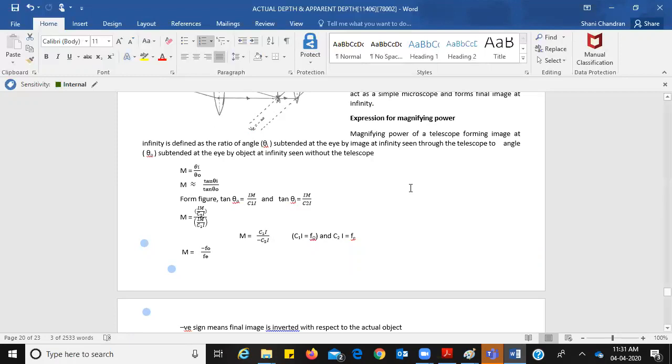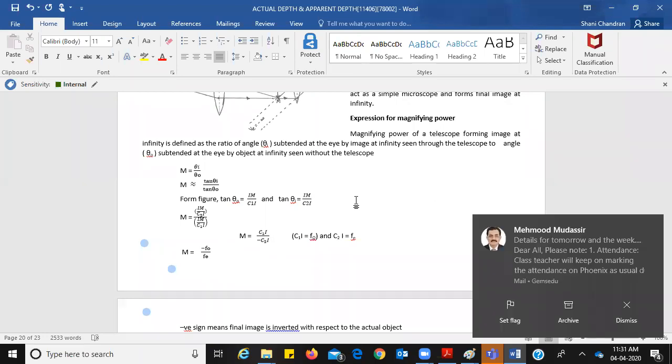I have a scanned copy of the book, this chapter. It's uploaded on Microsoft Teams, on the class tuition group. I'll be deleting that group, so you can check before that, not today, because it may create issues later.